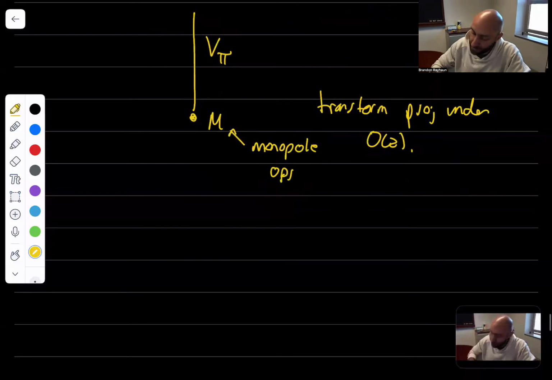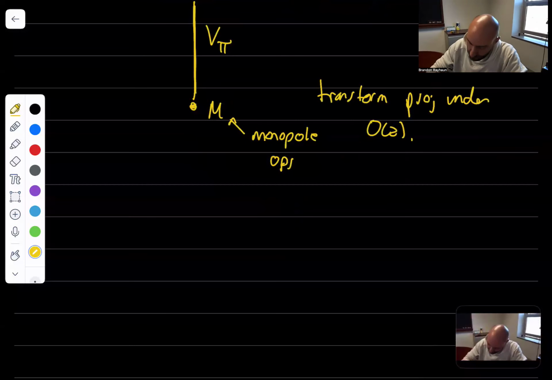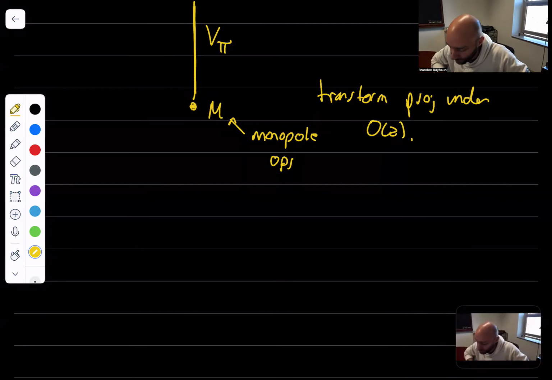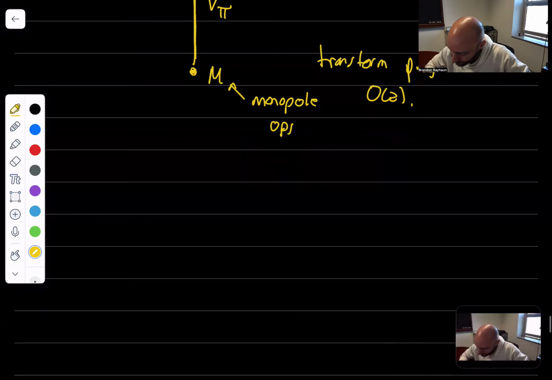And so that implies that the pi flux vortex line is non-trivial. And so again, it's non-trivial, but can we say more than just that it's non-trivial?